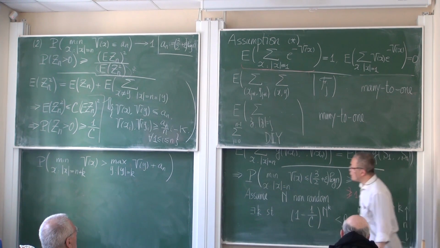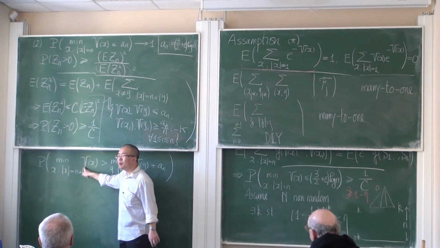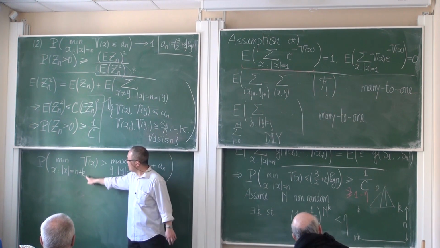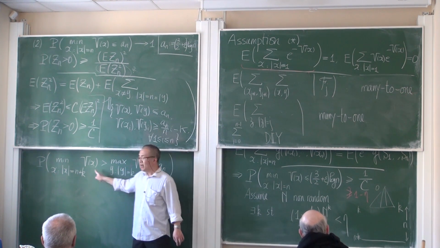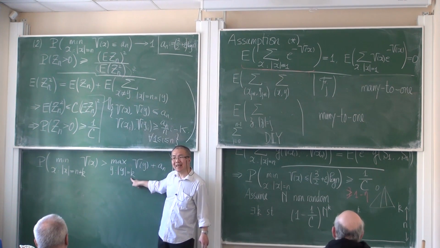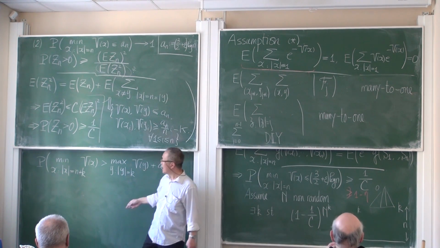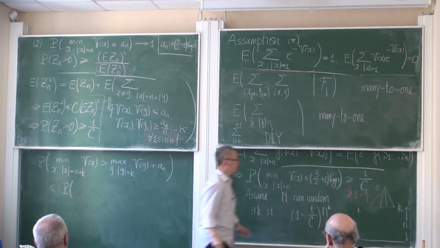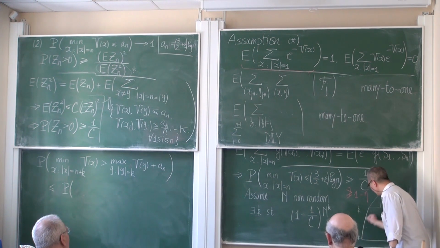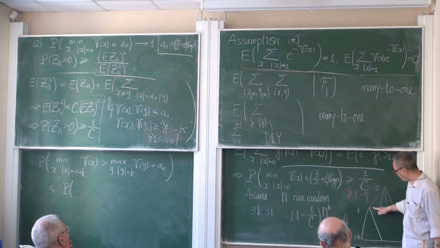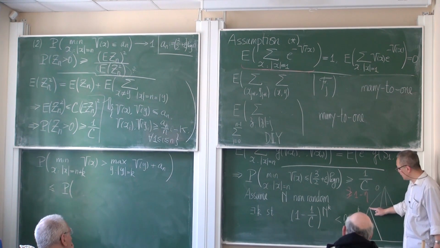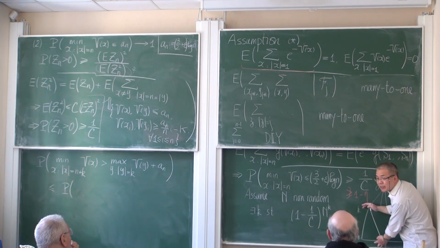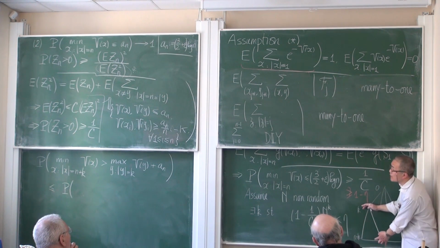So if at the generation n plus k, the minimum value is already greater than any position in the generation k plus a_n, then certainly it would be true that if I look at this subtree rooted at this vertex at the k-th generation, then in this subtree, the minimum position is greater than a_n.